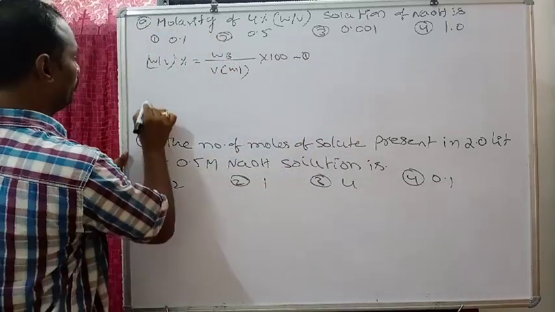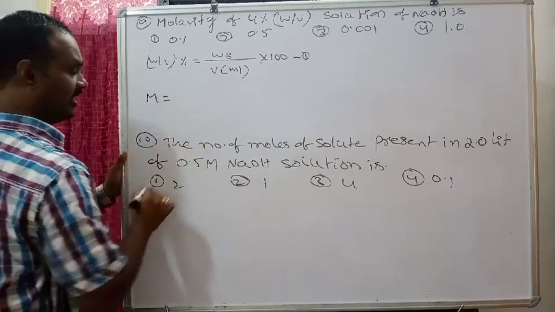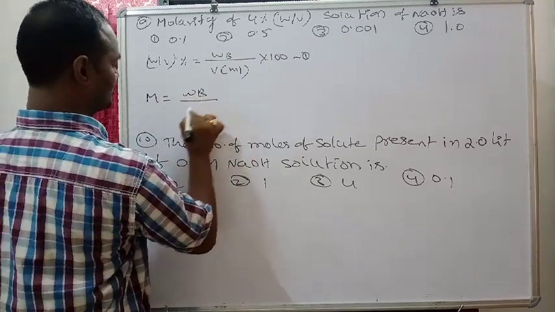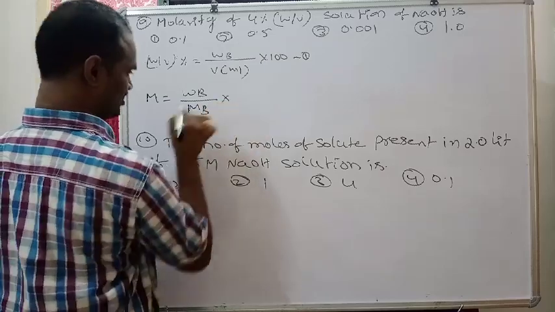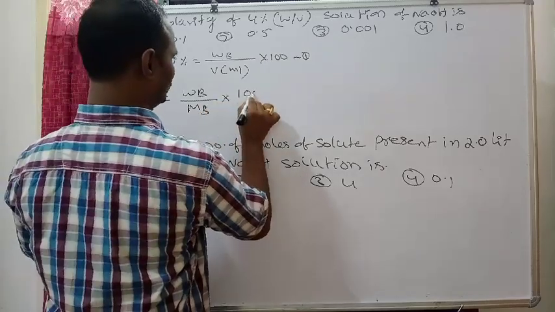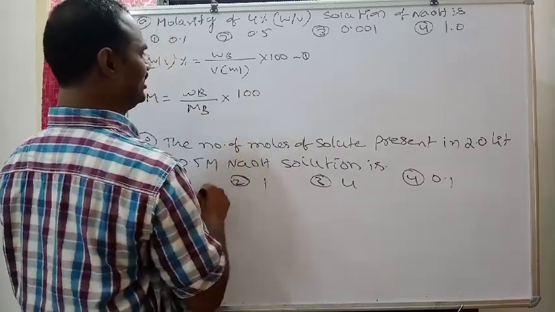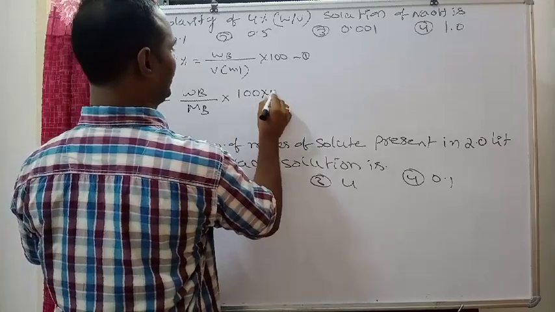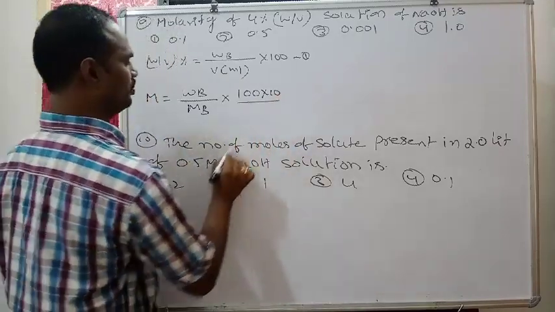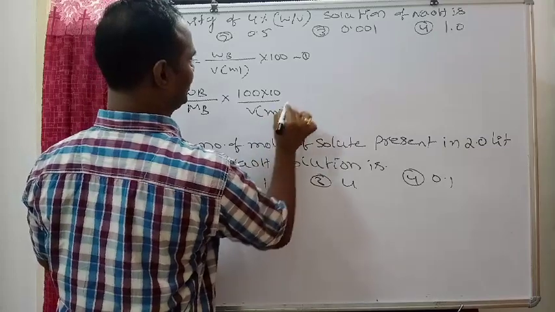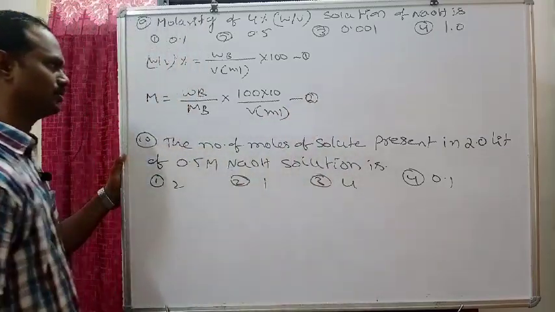Now come to the molarity formula. Molarity equals mass of solute by molar mass of solute into 1000. For our convenience I am writing like this: 100 into 10 by volume of solution in milliliter. This is equation 2.